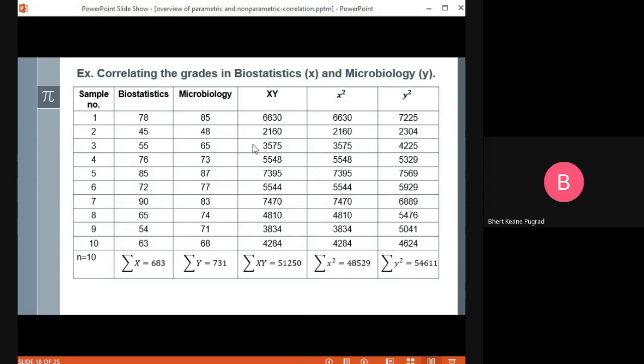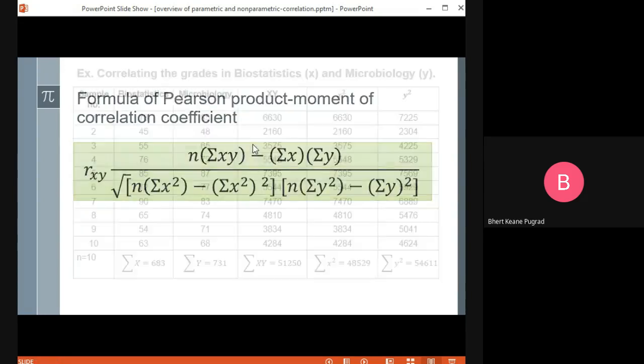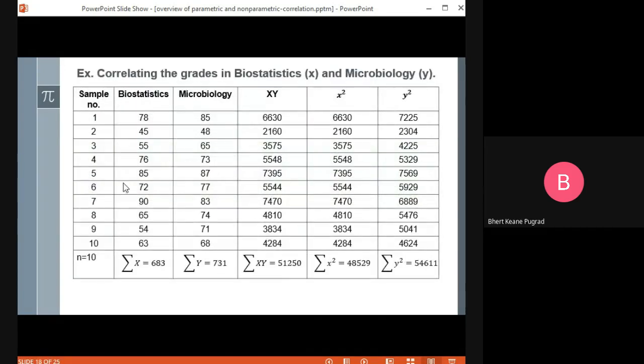Using the formula, let's first use a table, and then we compute for the value of xy, x square, and y square. We get the summation of x. X stands for score in biostatistics. Summation of y. Y is your score or grade in microbiology.